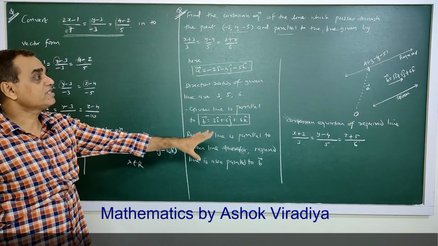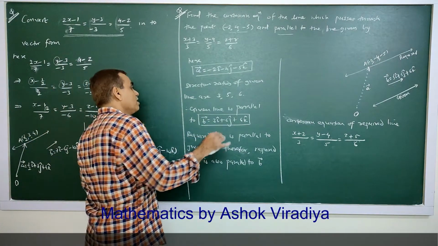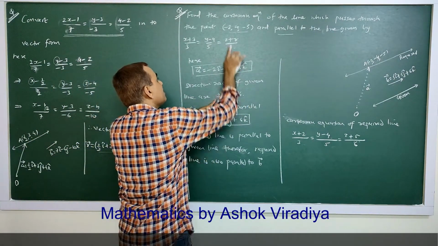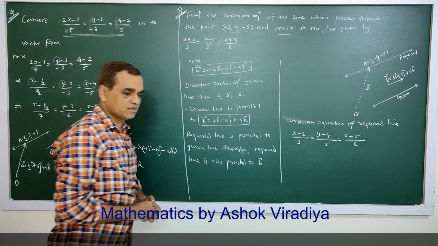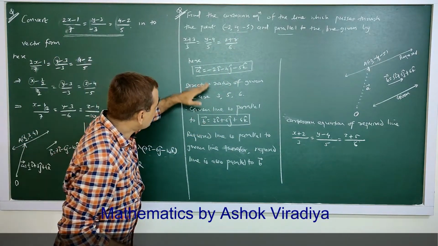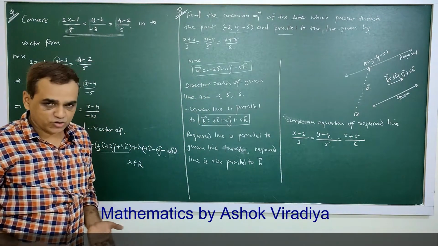So to write the Cartesian equation, we need only these three numbers and these three numbers. Vectors are required for the vector equation.